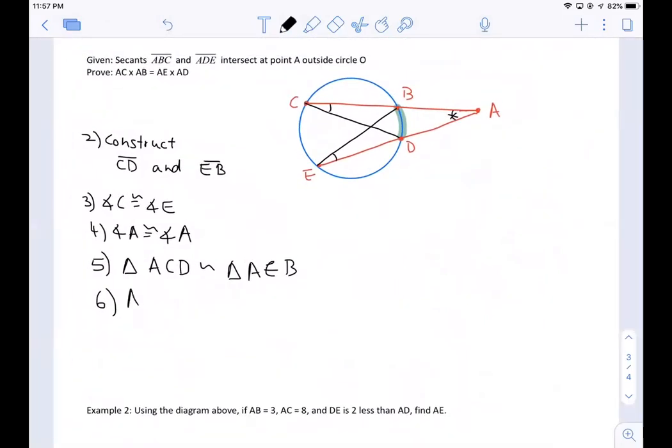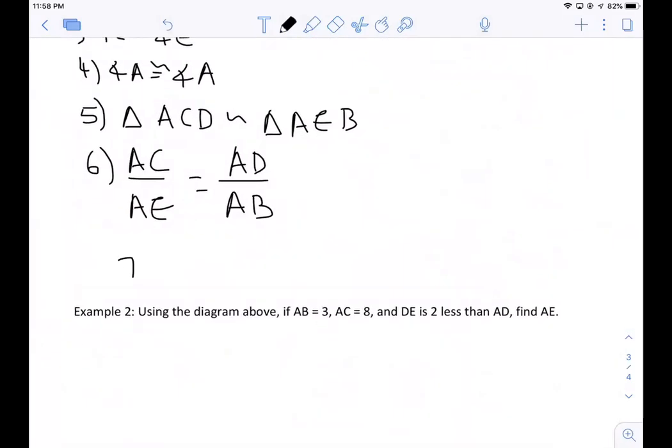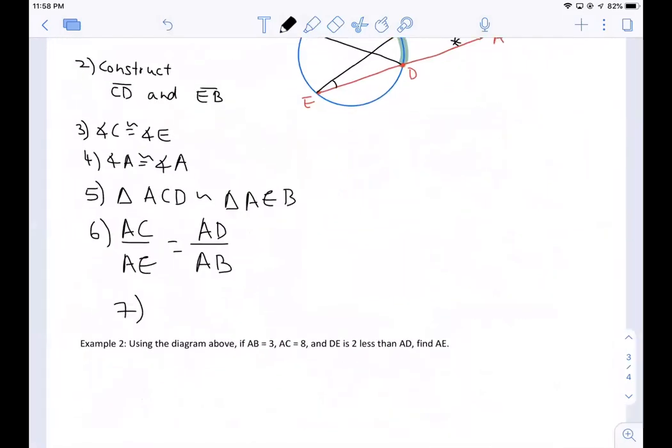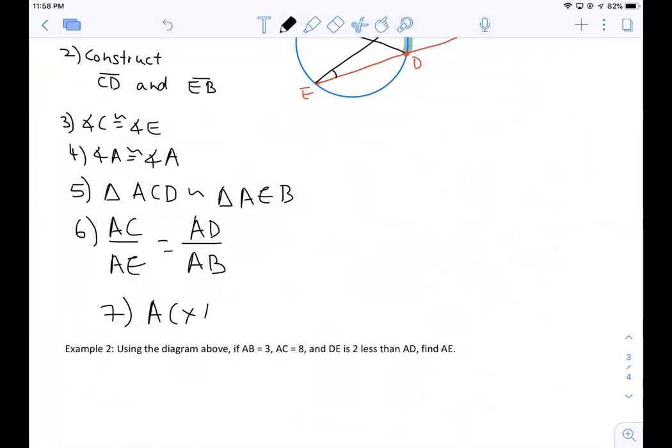I'm just going to look at the final proof statement. That's going to be AC over AE, AB is going to be here, AD is going to be there, right? Corresponding sides of similar triangles are proportional, then product of means equals product of extremes: AC times AB equals AE times AD.